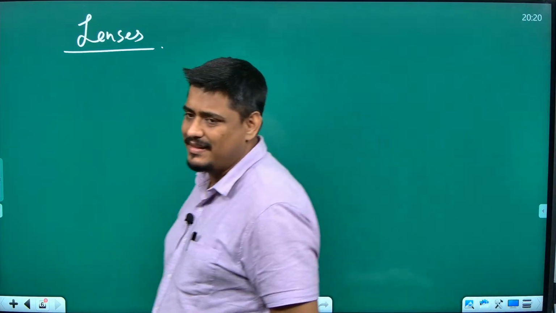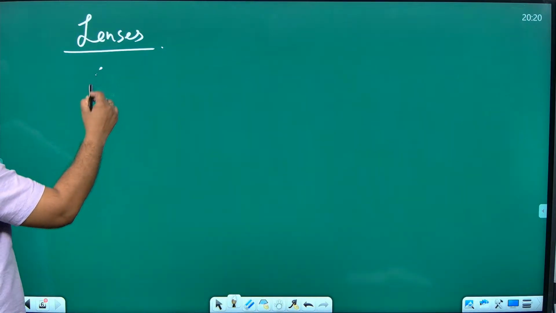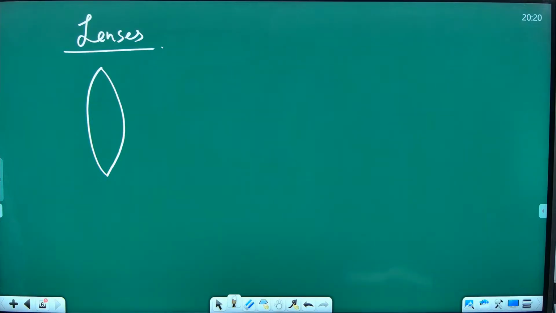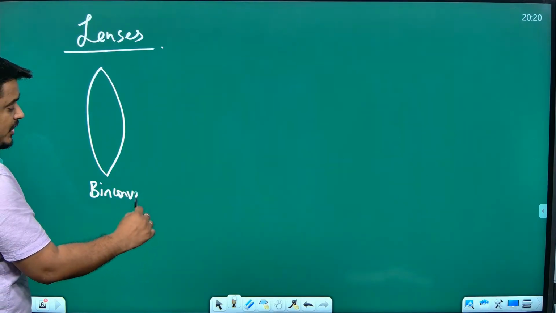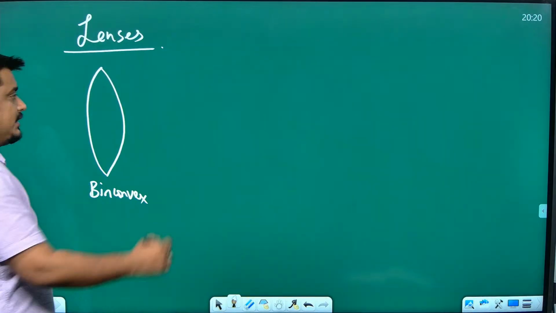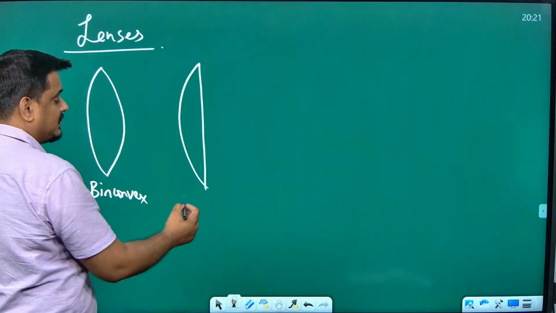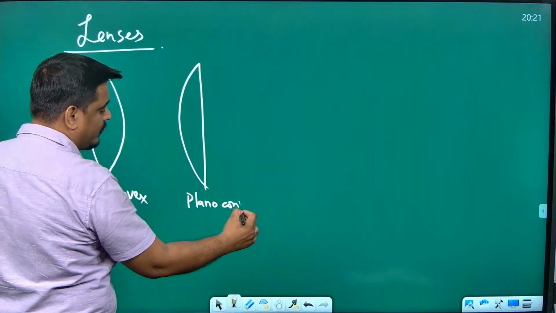What do you mean by that? I mean that if you have something like this, what is this called? Biconvex. Why biconvex? Because both sides you have convex surface. You may have something like this also. What is this? Plano convex.